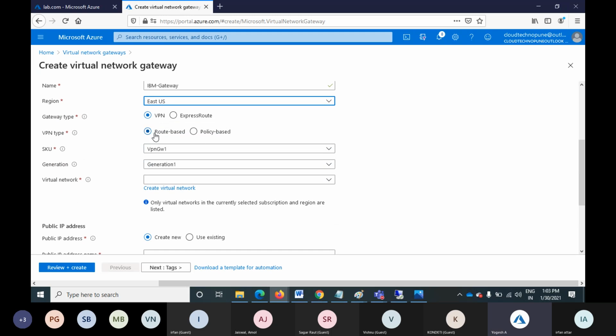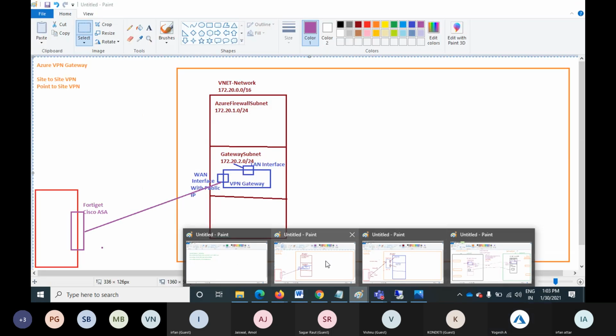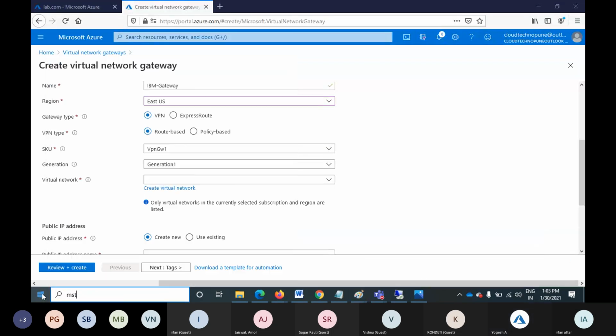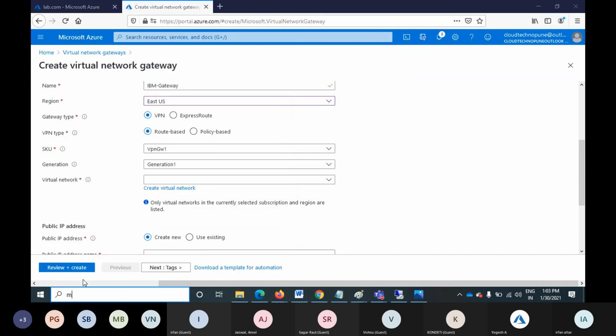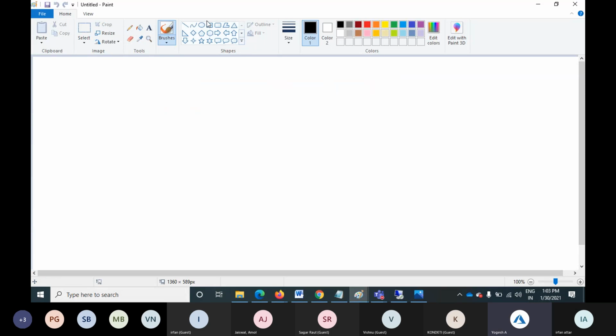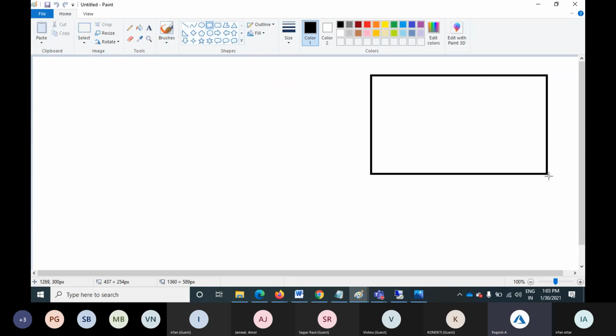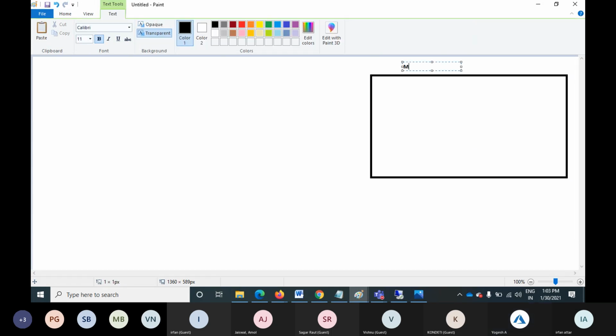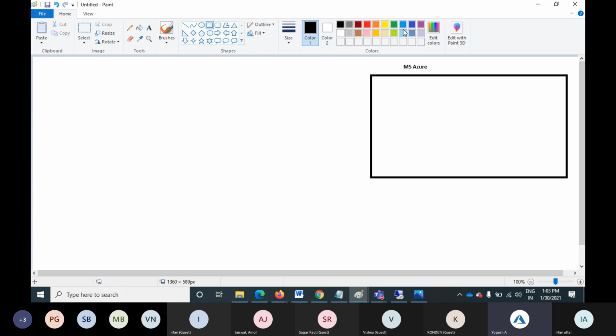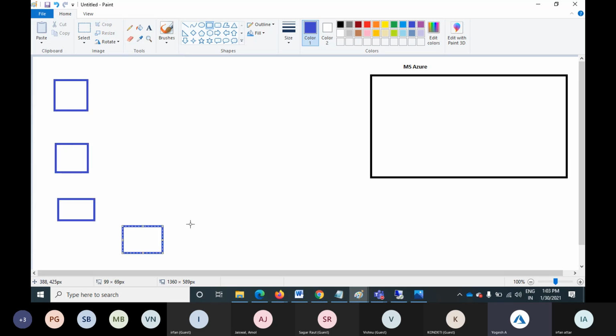When you configure a route-based VPN, you can have multiple connections between multiple data centers. Let me explain in the diagram. Now this is your Azure infrastructure, with all the applications hosted on Microsoft Azure, and you have branches across the globe: branch 1, branch 2, branch 3, branch 4, branch 5.